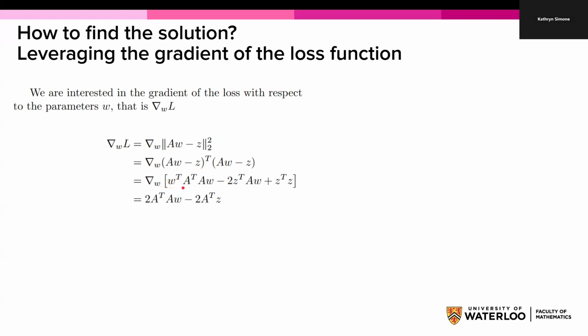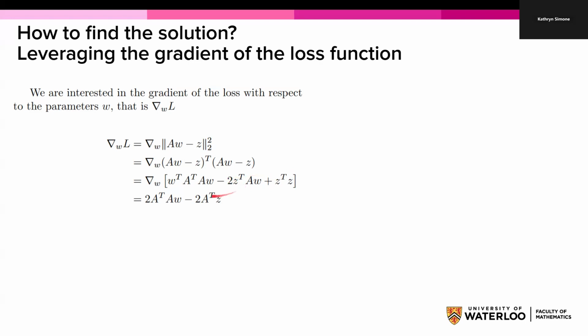Then we can evaluate the product using a matrix generalization of the FOIL identity to get this third line here. And so once we've done that, we're ready to take the gradient with respect to the parameters. We can see that the last term, C transpose C, gets dropped because it has no effect on the rate of change with respect to W.